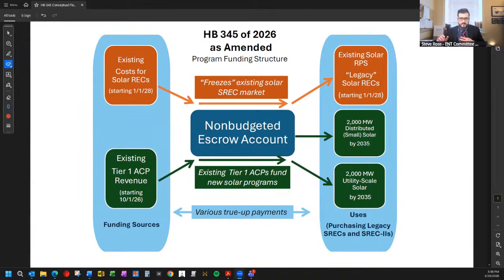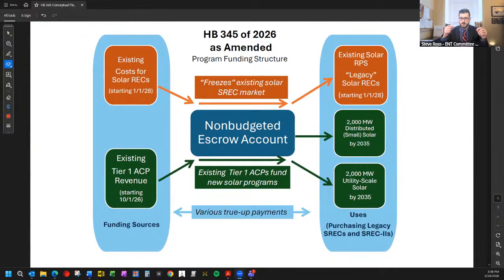Yes, it's an amount that the PSC would set, and it is set by what can be generated under the freezing of the existing amounts plus what is projected to be made by what is being built through the escrow account. So the short answer is yes, it is administratively determined rather than a fixed percentage.